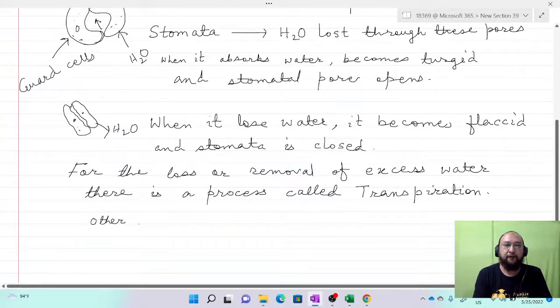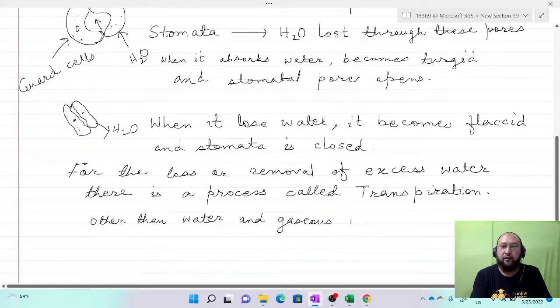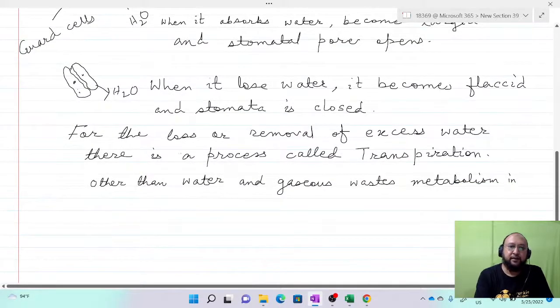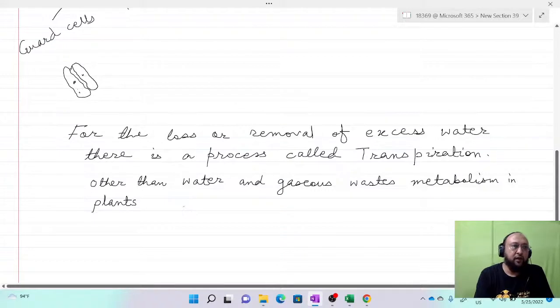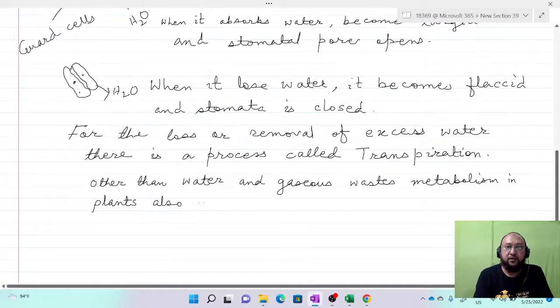Other than gaseous wastes, other than water and gaseous waste, metabolism in plants also generates organic byproducts.